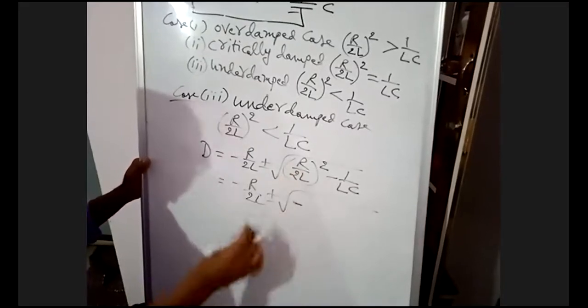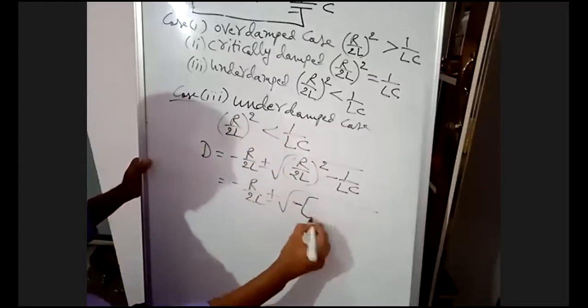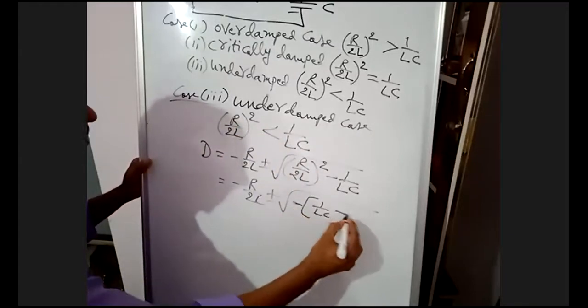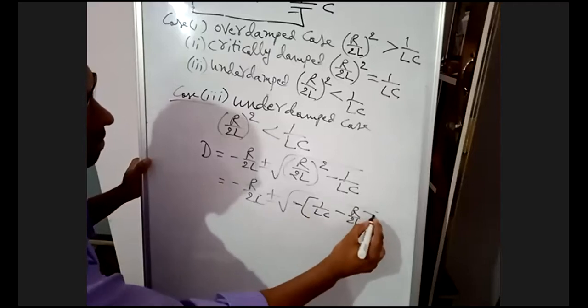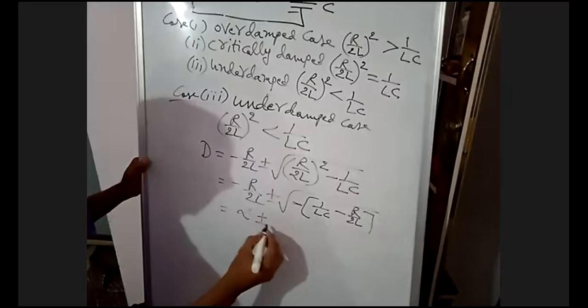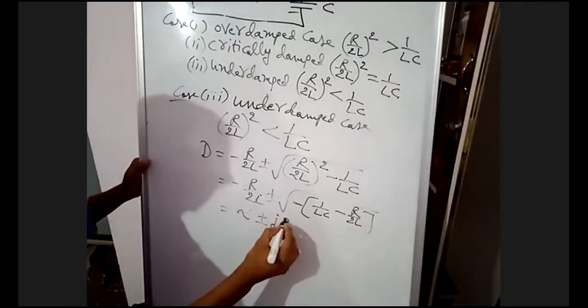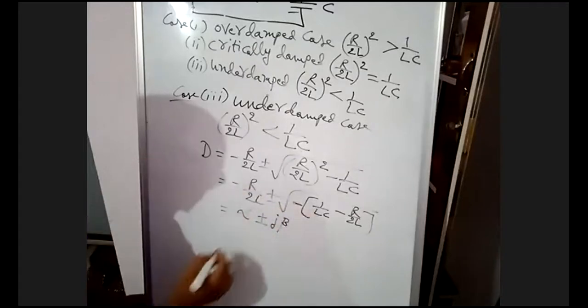I am taking minus common because 1 by LC is greater than R by 12. That is 1 by LC minus R by 12. Then this is alpha plus or minus beta square root of minus 1.